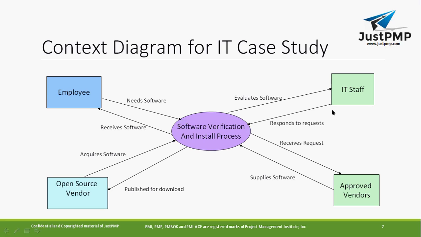The IT staff evaluate the software and respond to the request. This is the context diagram for IT cases. If you have heard about the UML diagram, the unified modeling language, those models tell you the different activities, and then you can figure out how the whole process works.